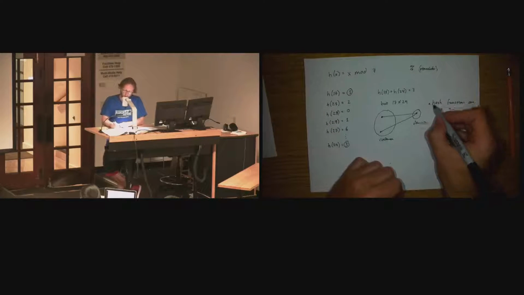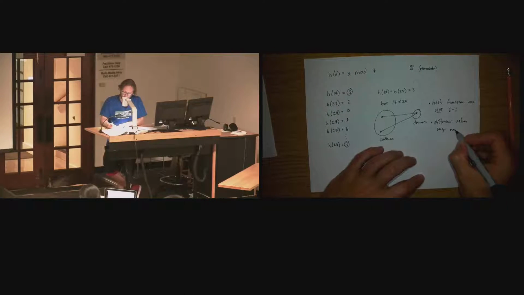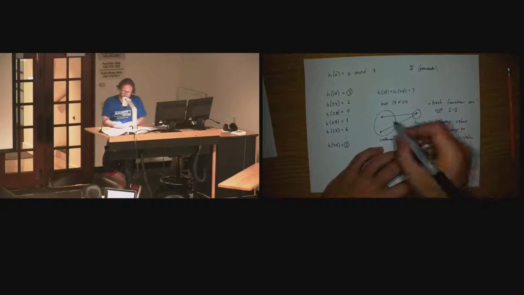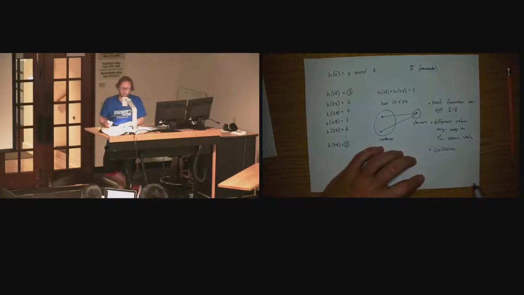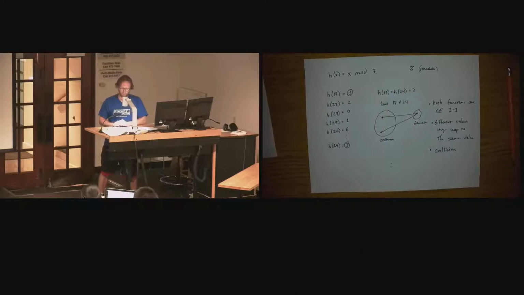Right? As a consequence, different values may map to the same value. Right? We call this collisions. Those two elements have collided. This is a collision. It's a hash collision. Okay? So that's one thing that we're going to have to remember.